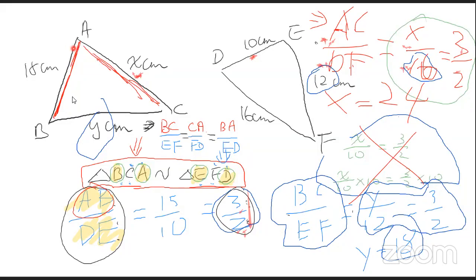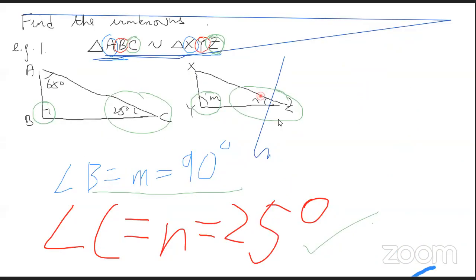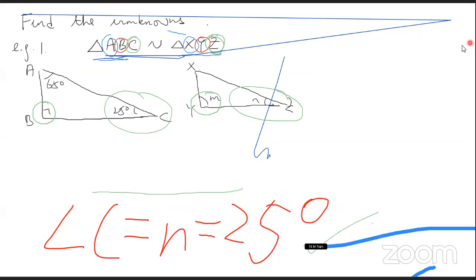You are given a pair of similar triangles, and you may need to find the unknown length or unknown angles. For worksheet 11D, it is a little more difficult because you need to tell which triangles are similar.